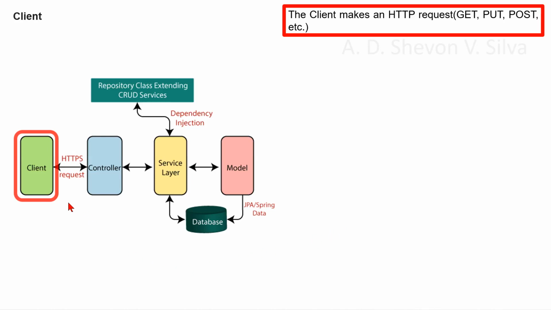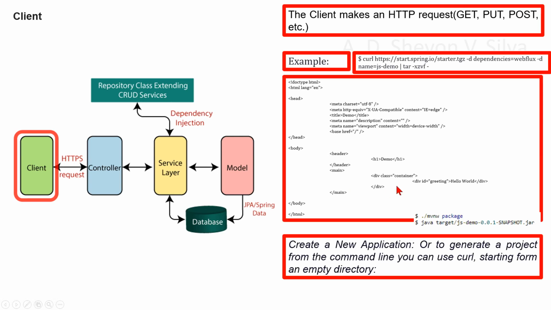Now we are focusing on the client. The client makes an HTTP request: GET, PUT, POST, etc. As an example, we can consider creating a new application. To generate the project from the command line, you can use curl starting from an empty directory.